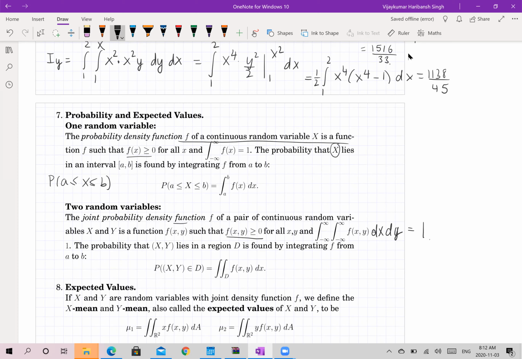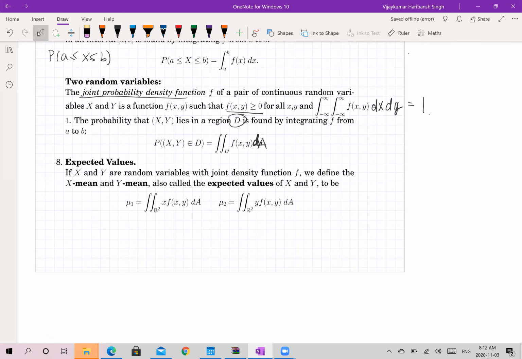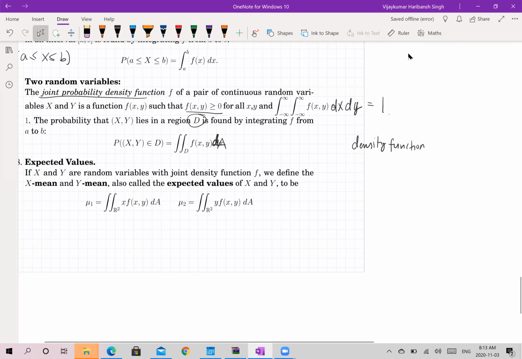So this is what a joint density function is. Now suppose you want to find the probability that your xy lies in region D, then you can get that by the double integral of f of xy dA over D. Similarly, you can see the idea of density function here corresponding to probability density function.